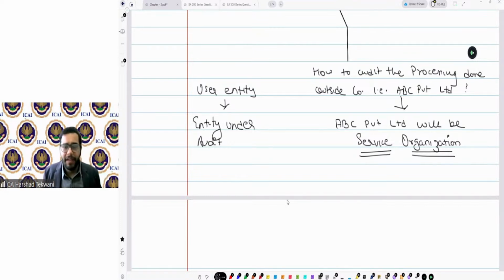So if a service organization is providing services to a user entity, in that case, how will I audit? How will I look into the matter? That is something SE 402 guides me on. So what does SE 402 say?